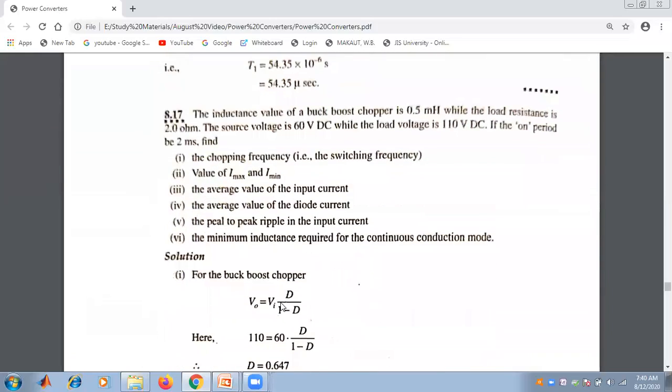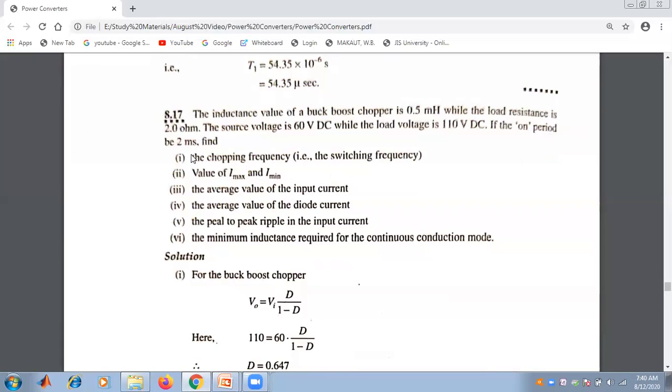Another problem that we have: the inductance value of a buck boost chopper is 0.5 millihenry, while the load resistance is 2 ohm. The source voltage is 60 volt DC, while the load voltage is 110 volt DC.